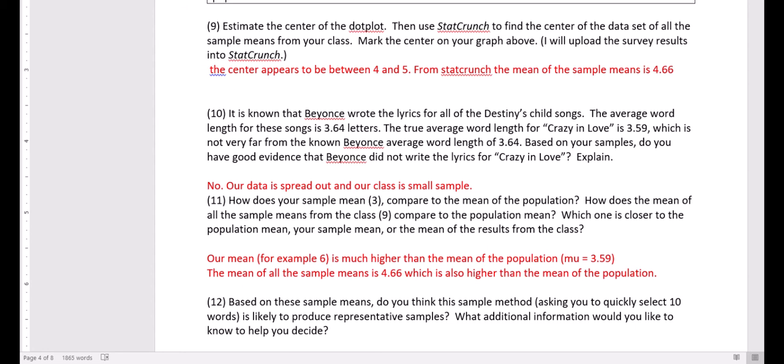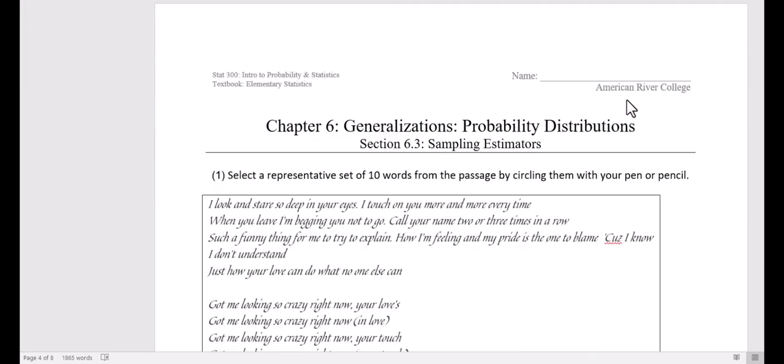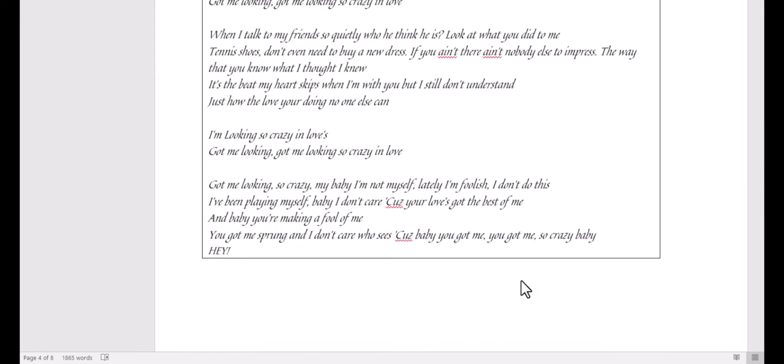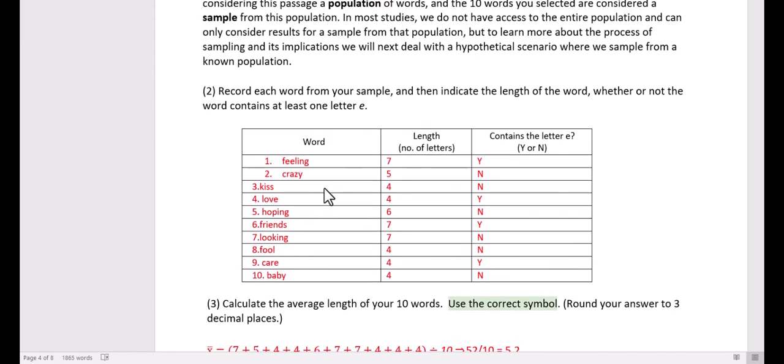I guess a better question would be, what were you thinking about when you were choosing the 10 words from the passage? I'll tell you what I was thinking, because it's hard for you to tell me since this is a video recording. I was thinking, okay, this is the song Crazy in Love, and I'm just trying to pick what the song means. So I was choosing words like feeling, crazy, love, hoping, and things like that that are representative of what I thought the meaning of the song was.